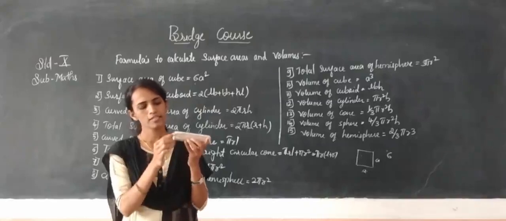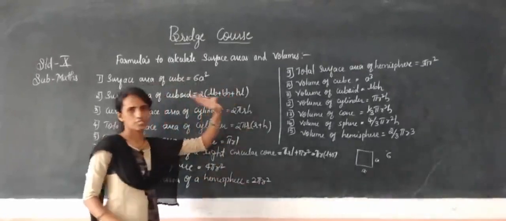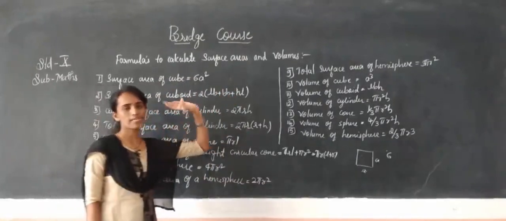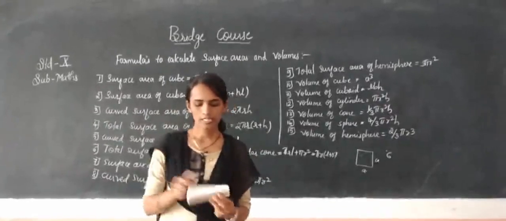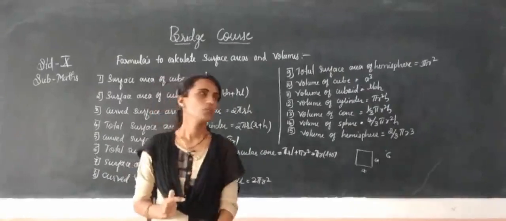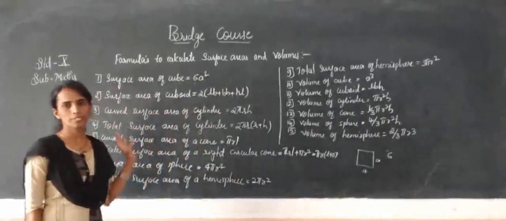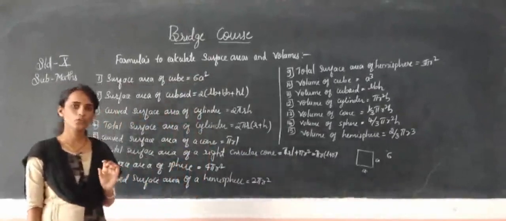Shortly we call them LBH: length, breadth and height. So 2 into LB plus BH plus HL is the formula to calculate the surface area of the cuboid.